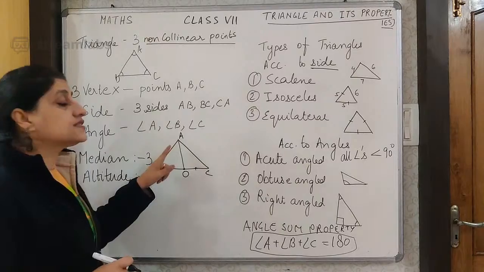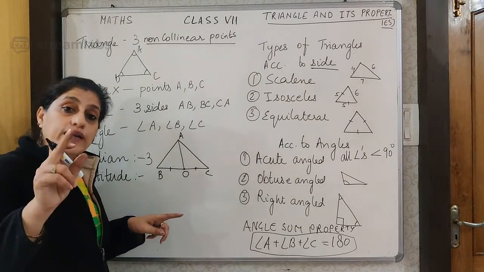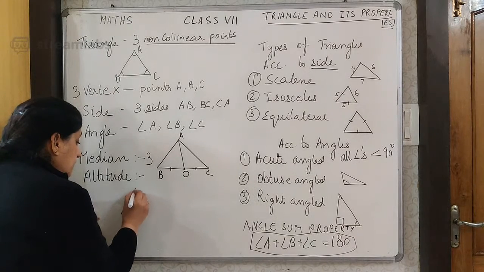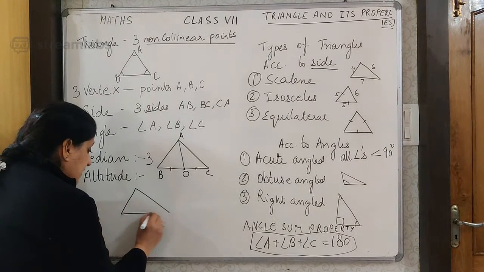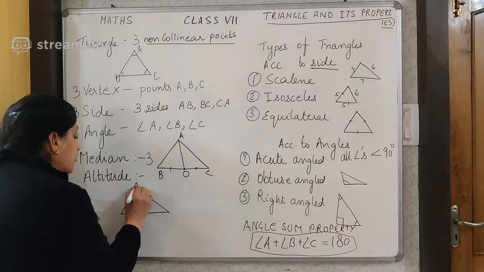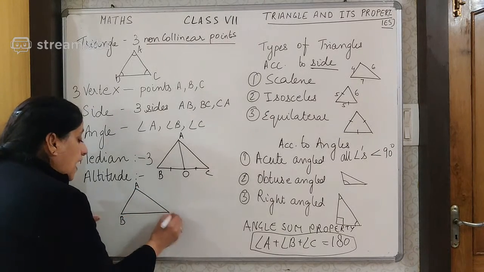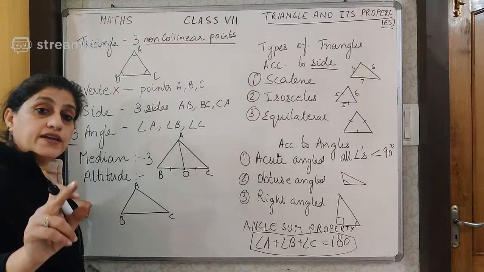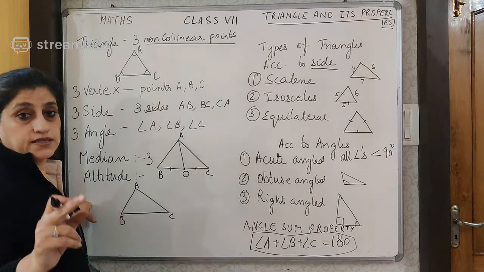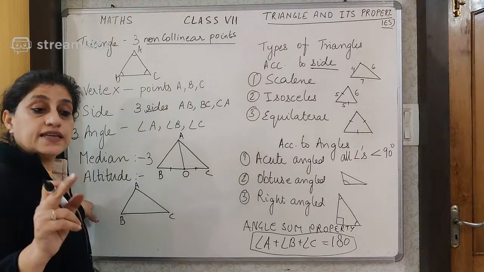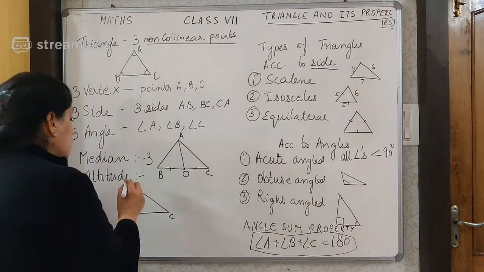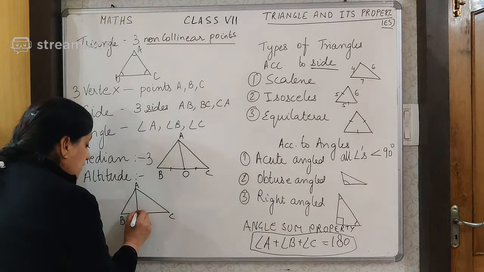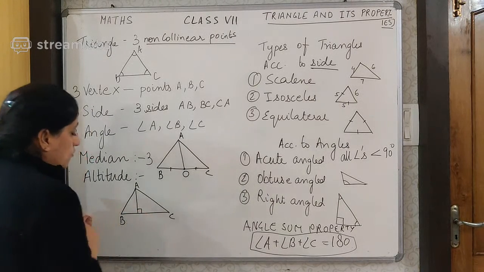Altitude is drawn in a similar manner, but one condition more is there, that suppose I have a triangle, then from any vertex I draw a line to the opposite side which is perpendicular to the opposite side. Perpendicular means making an angle of 90 degree. So from vertex A I draw a line, it is perpendicular to the opposite side.